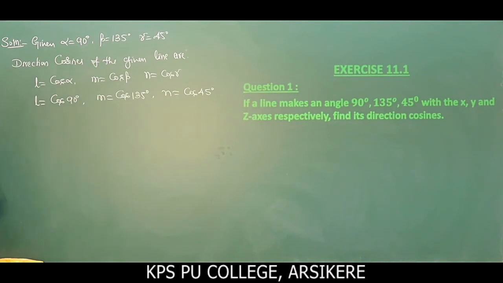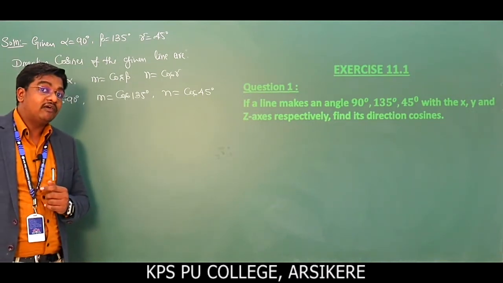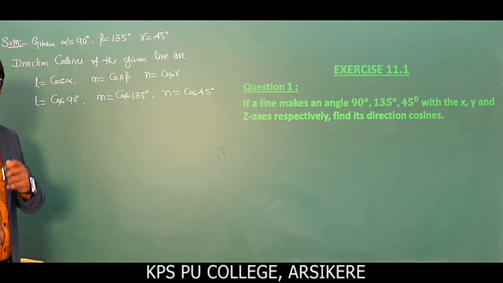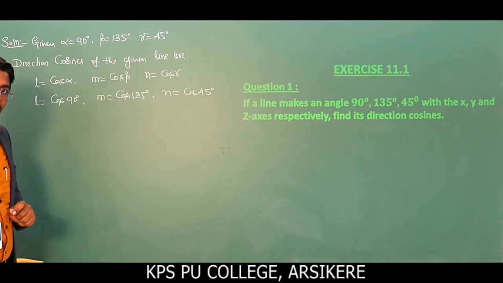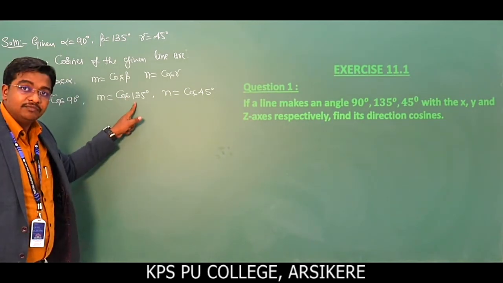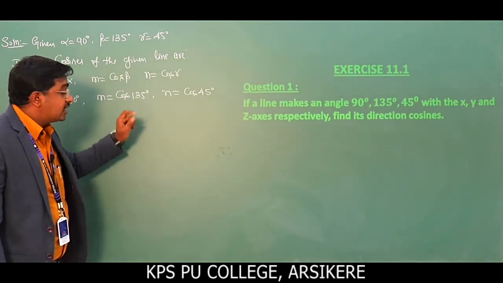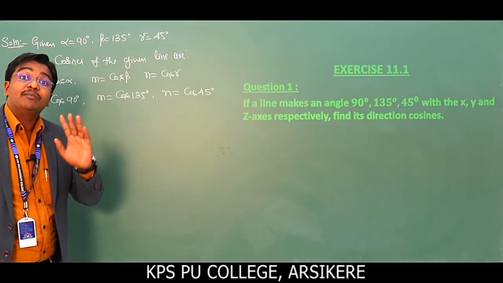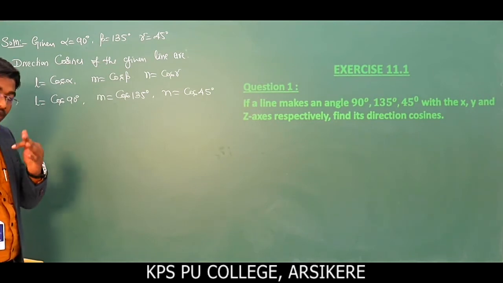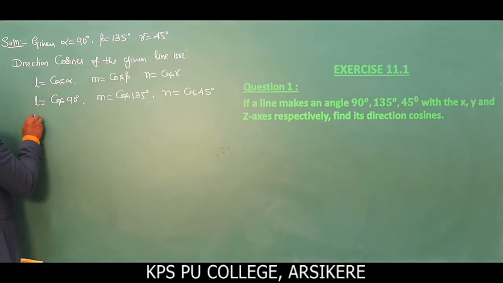For cos 90 we have the direct value, that is 0. Cos 45 value is 1 divided by root 2. What about cos of 135? You can simplify this term: express or split 135 as 90 plus theta or 180 minus theta.